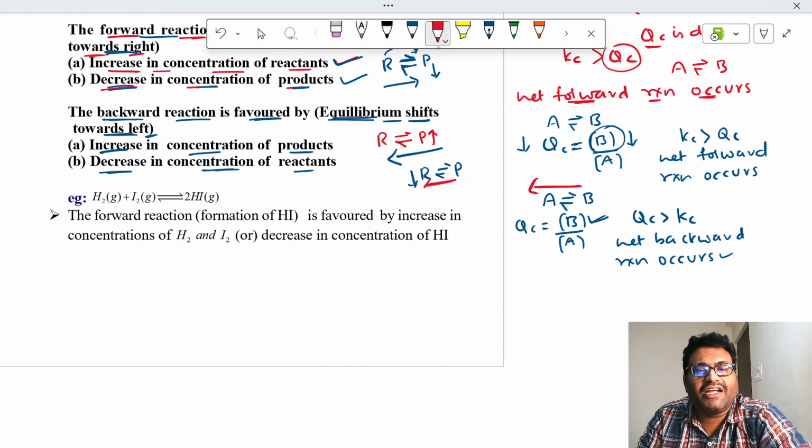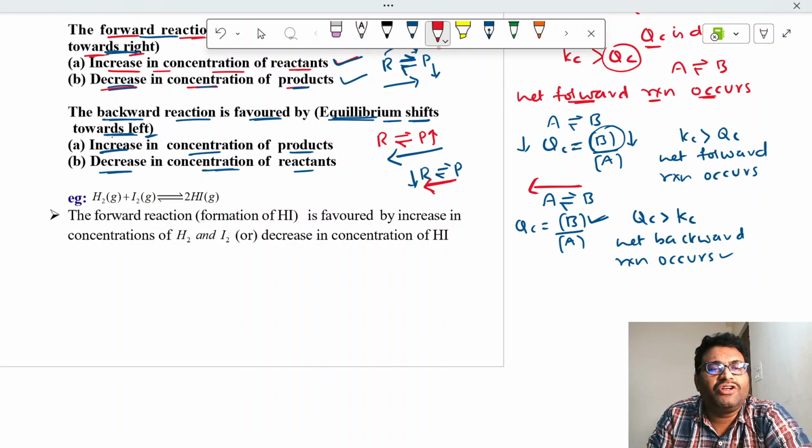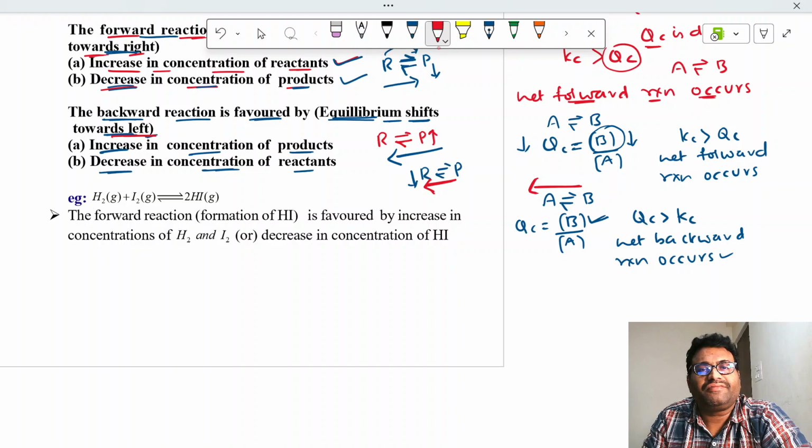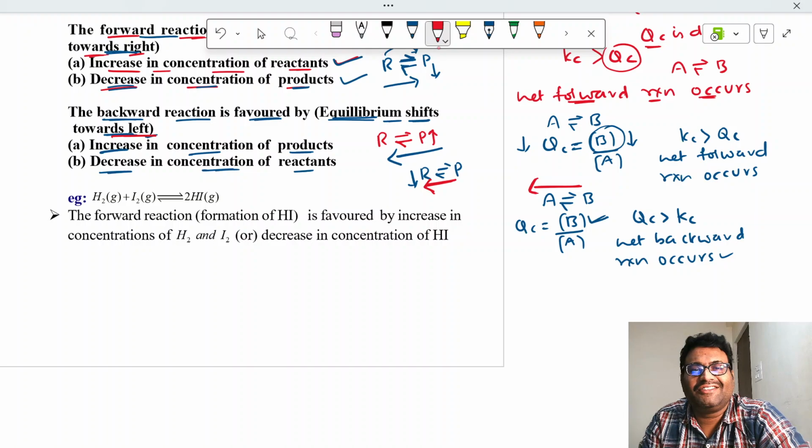The net backward reaction has to occur. So if you decrease the concentration of reactant, backward reaction occurs. If you increase the concentration of product, again to attain equilibrium, backward reaction occurs so that the equilibrium is shifted to left. Simple logic. Understood?